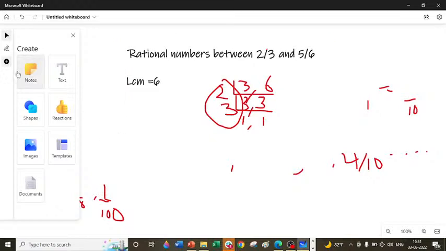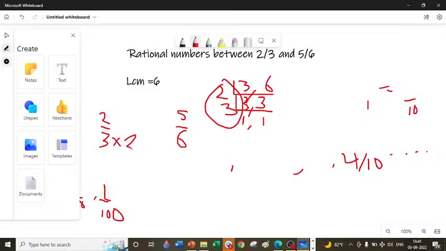हमारे पास दो रैशनल नंबर है, वो है हमारा 2/3 एंड एक जगह पे है हमारा 5/6, एंड हमें पता है इसका LCM होता है 6. So 3 times, how much will give you 6? 3 times 2.